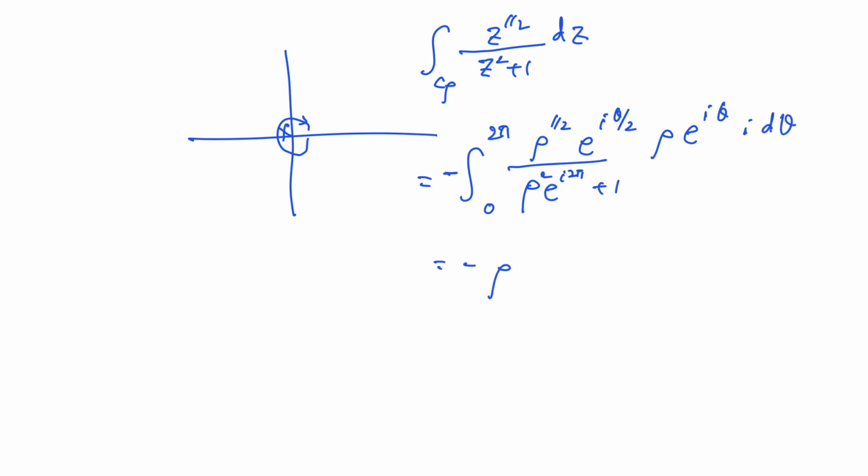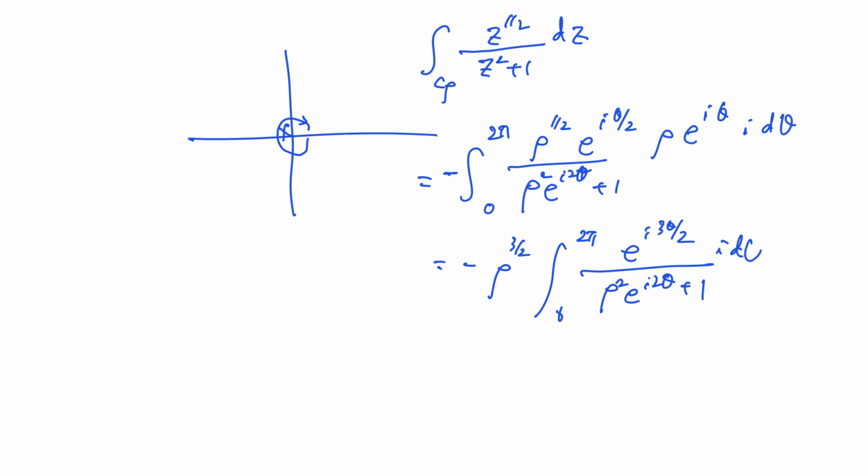The integration is over theta, so rho can be put outside, rho to the 3 over 2.